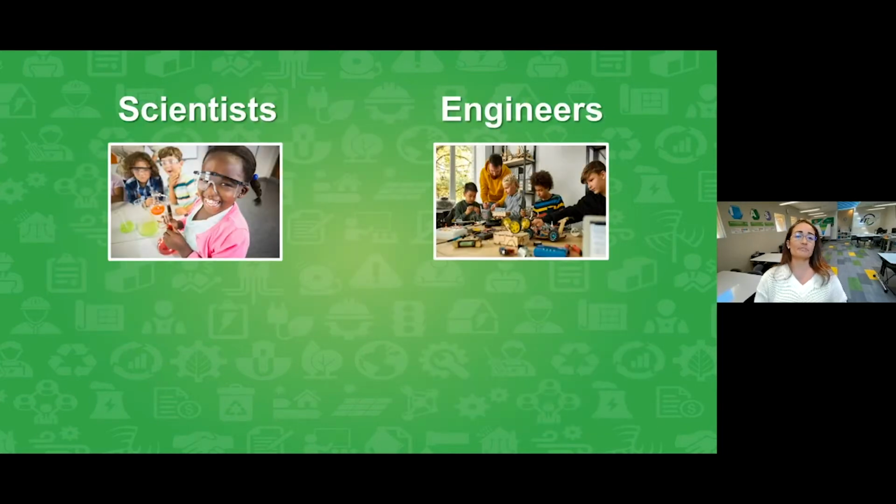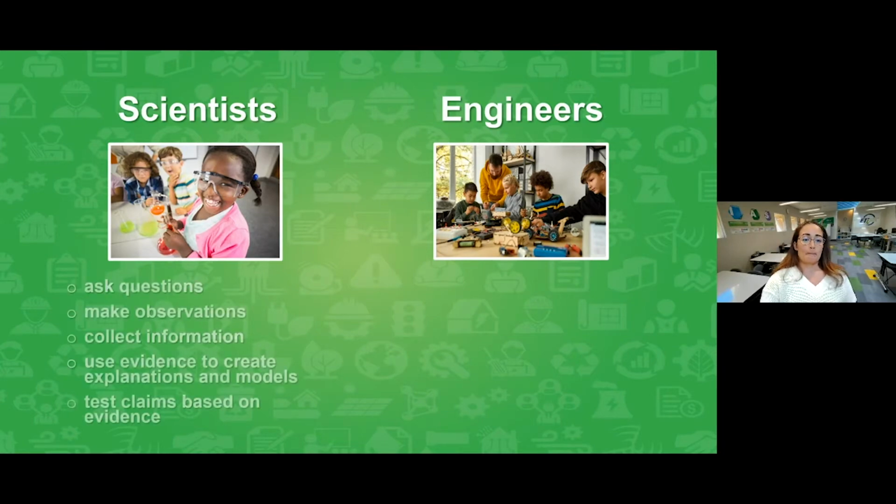Well, let's take a look here. Scientists, they're going to ask questions, they're going to do experiments, and they're going to make observations. And when they do those three, they draw some conclusions when they're doing their science. They also tend to do their experiments on a small scale, okay?